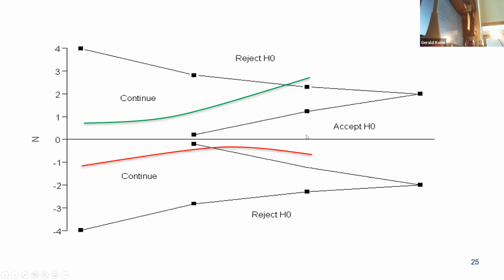So at our third interim analysis here, we make that decision, and we then can stop the study, because the way we've set it up, there's no hope of achieving statistical significance, even if we get to the fourth and last interim analysis. Okay.